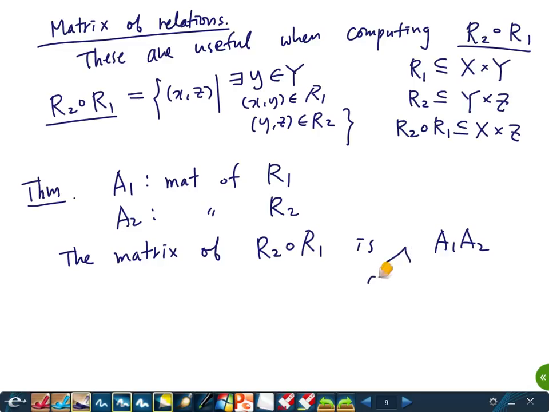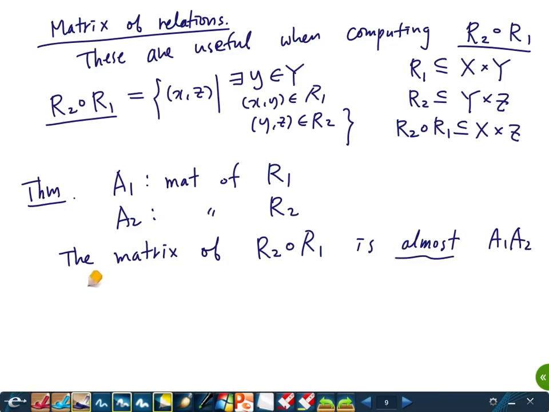It's almost, not very precise. Let me be precise. Or let me just write and explain again. Almost A1 A2. It's a multiplication of two matrices.